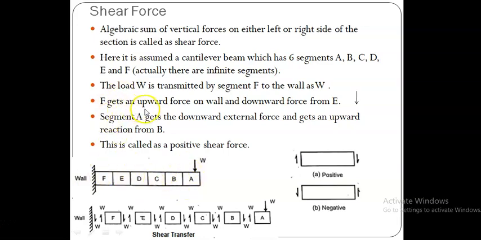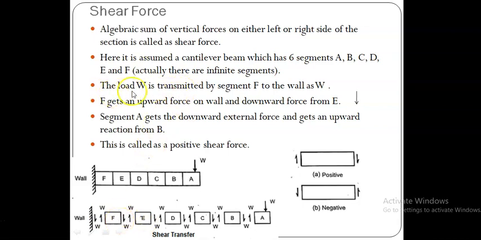Here F gets an upward force from the wall and a downward force from E. Because the wall is a fixed support, which produces equal and opposite reactive forces, F has a reactive force W in the upward direction at the wall, but from E it is having a downward force.